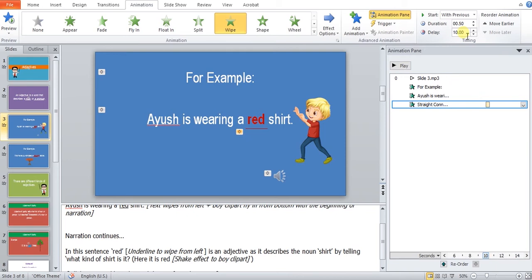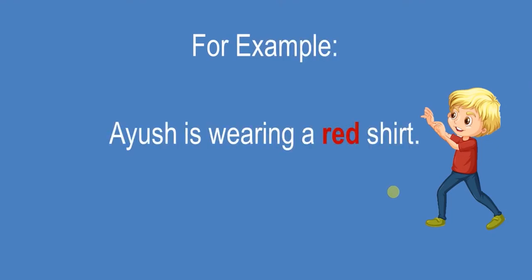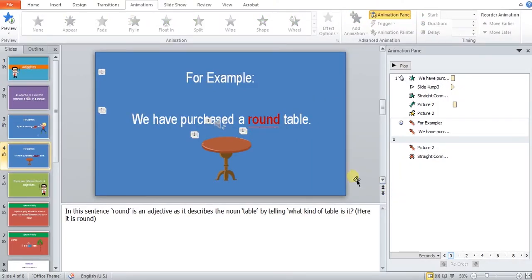Okay, so now you put it on slideshow. For example, "Ayush is wearing a red shirt. In this sentence, red is an adjective as it describes the noun." So now the animation syncs with the animation, right?